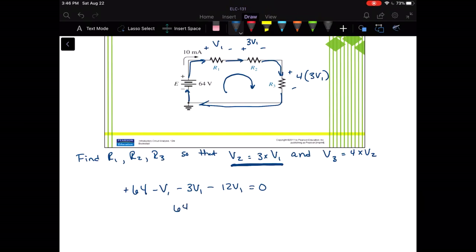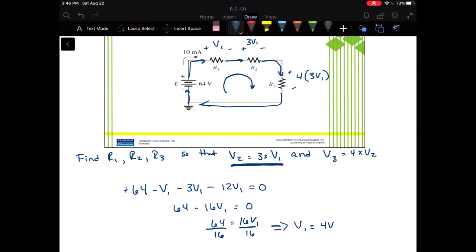So I have 64 minus 16 V1 equals 0. When I move the V1 over to the other side, it becomes positive. And now I'm going to divide both sides by 16. And that tells me that V1 must be 4 volts.